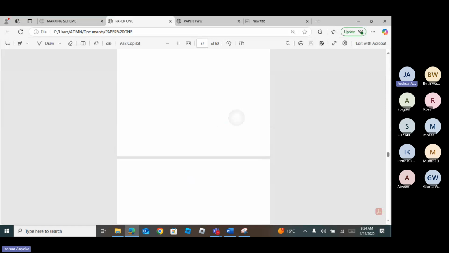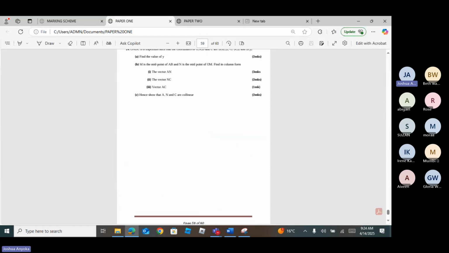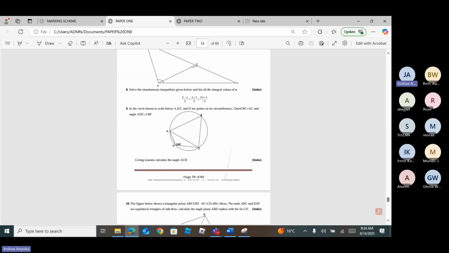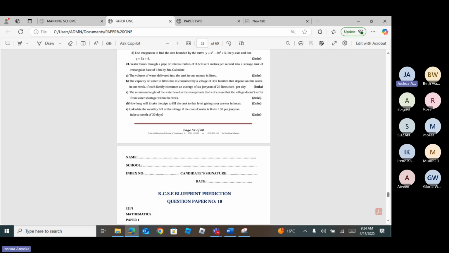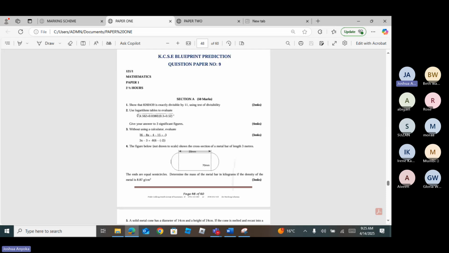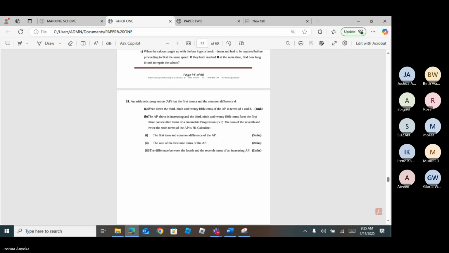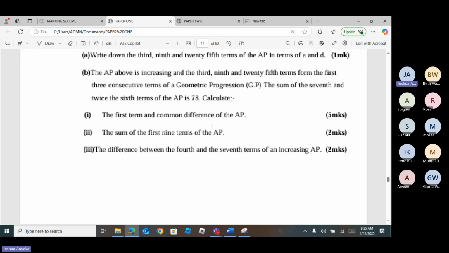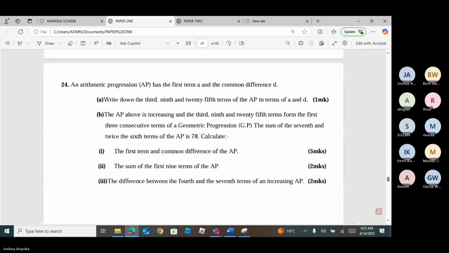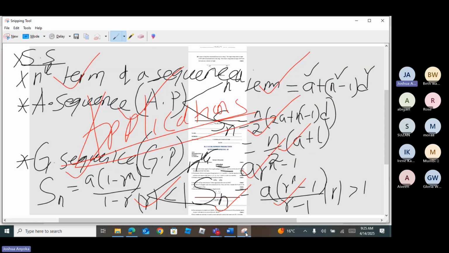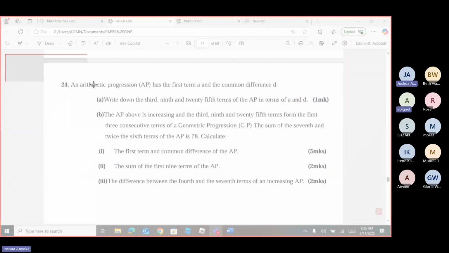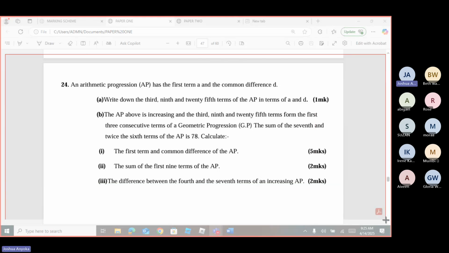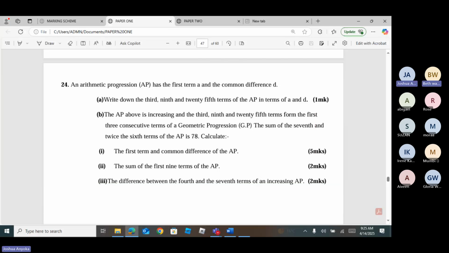Trial 8, paper 1, question 24. Yeah, it is under sequence.